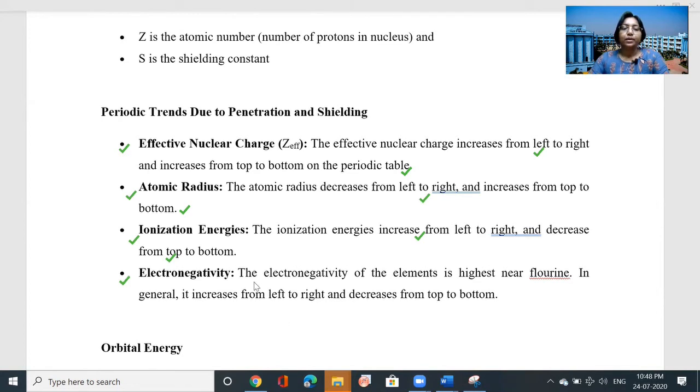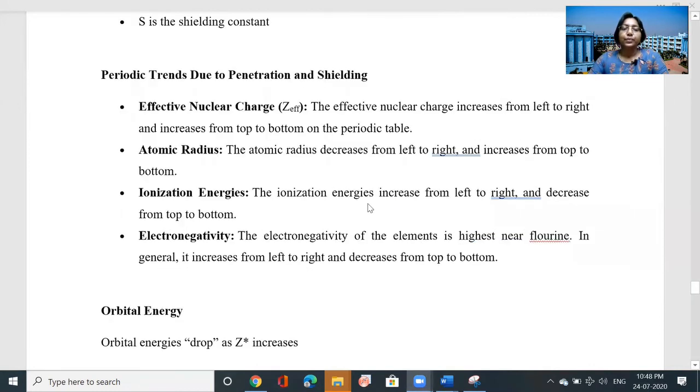Electronegativity: the electronegativity of the element is highest near fluorine. In general, it increases from left to right and decreases from top to bottom. All these things I have already discussed. So if I ask why it happens, you must answer.